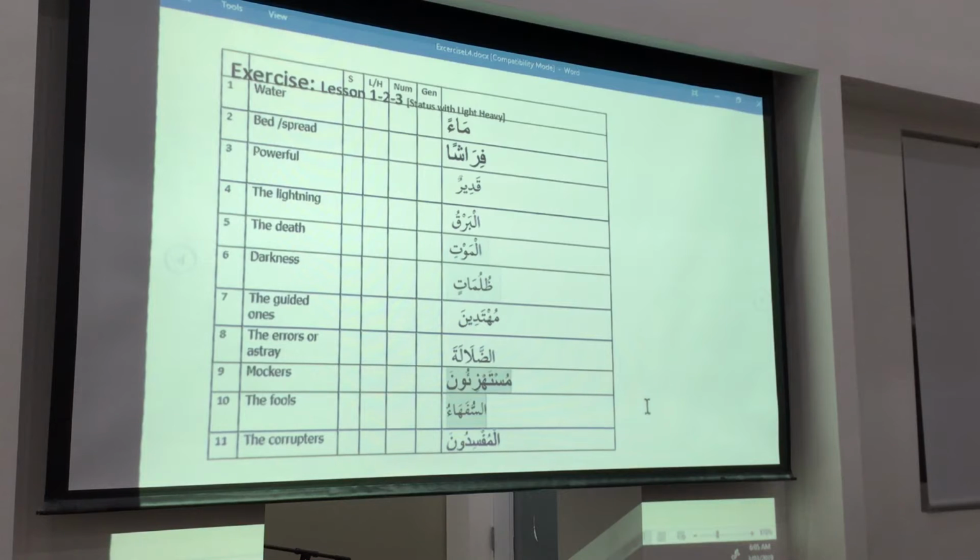You just have to write the status. Is it light or heavy, number or gender? The number and gender, if you don't know all of them, whatever you know, write down. So there are 4 columns. The number is singular, plural, or dual.